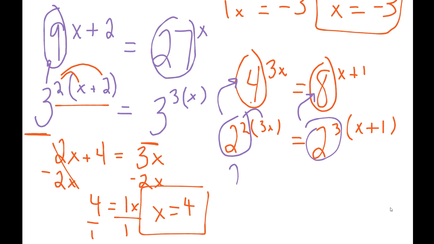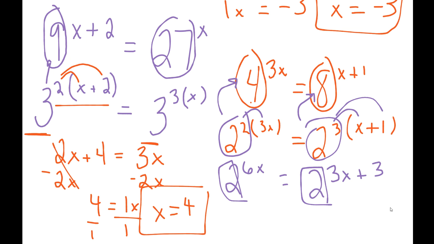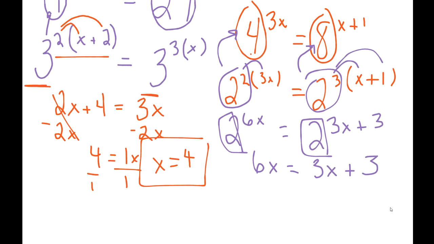So distribute, so it'll be 2 to the 6x, and 3 times 3, let's go, 2 to the 3x plus 3. So again, same base, but now you can set your powers. 6x equals 3x plus 3. And then just go ahead and solve.